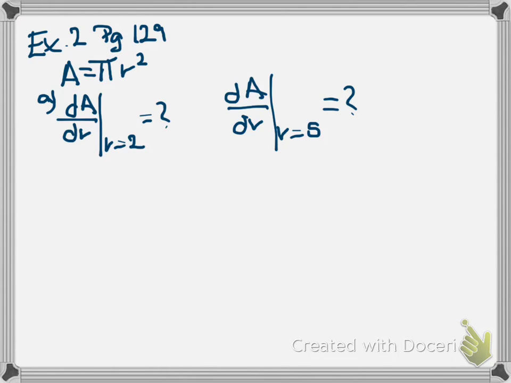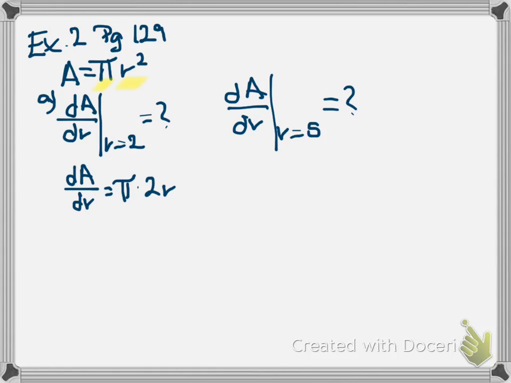Okay? So let's start. We need to find first the derivative. dA on dr equals, remember, the derivative of a constant times a function will be the constant pi times the derivative of the function, the derivative of r squared. It's the exponent n, which is 2r.